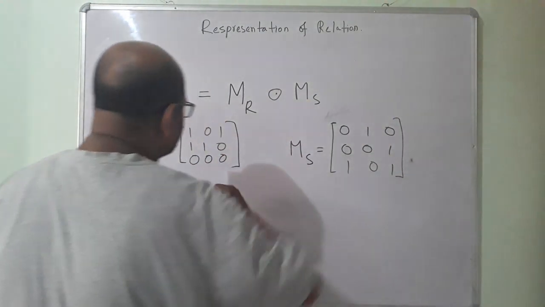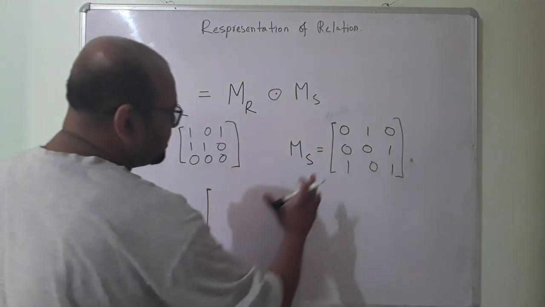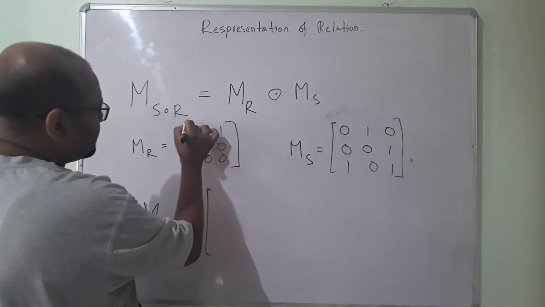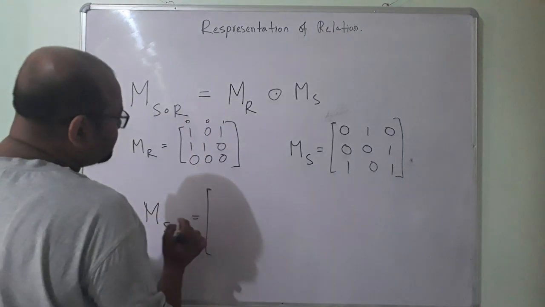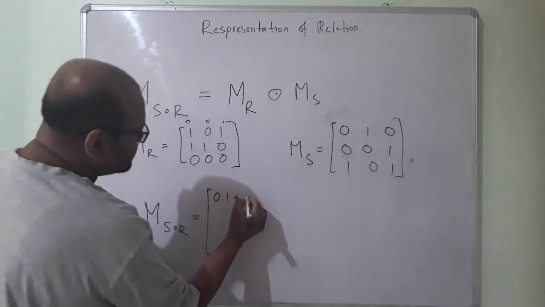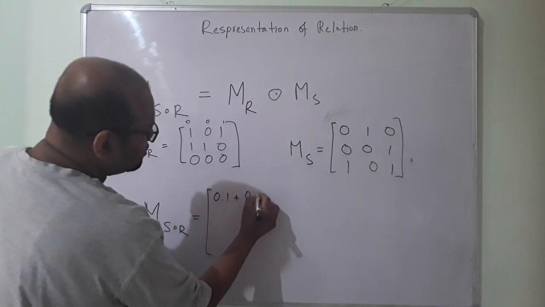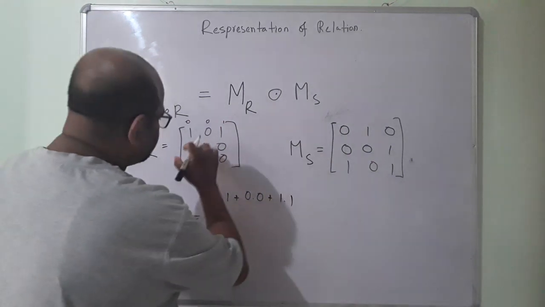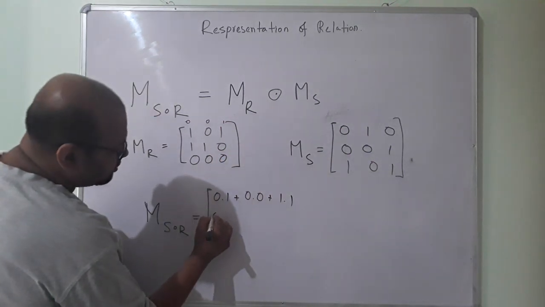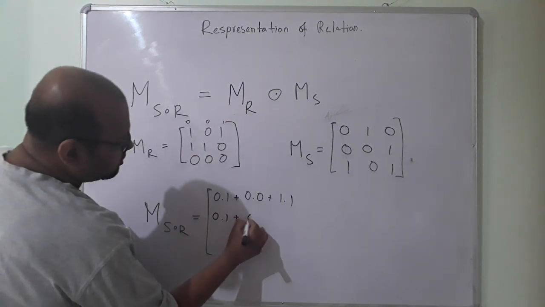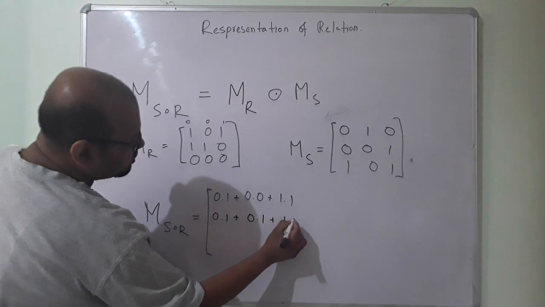So let us go ahead and write it down in the normal way. We will first take this column. So it is 0 into 1 plus 0 into 0 plus 1 into 1. Then 0 into 1 plus 0 into 1 plus 1 into 0.